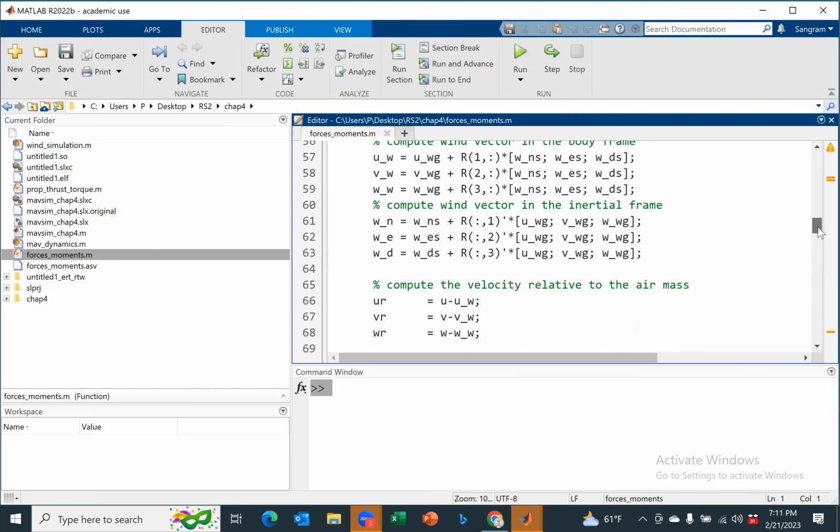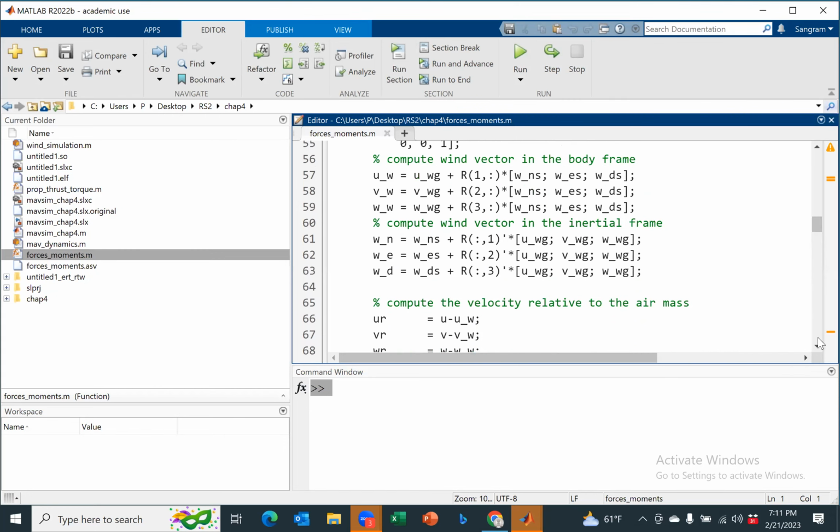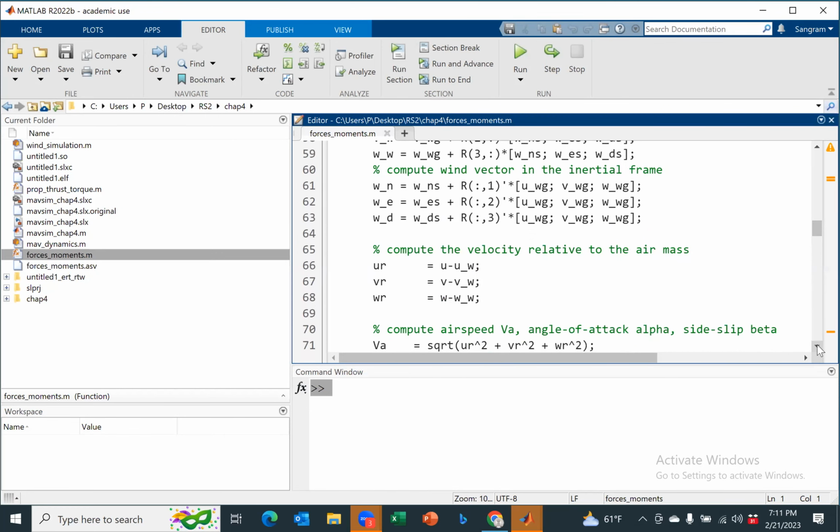Next part is to compute the velocity relative to the air mass, which is UR, VR, WR.